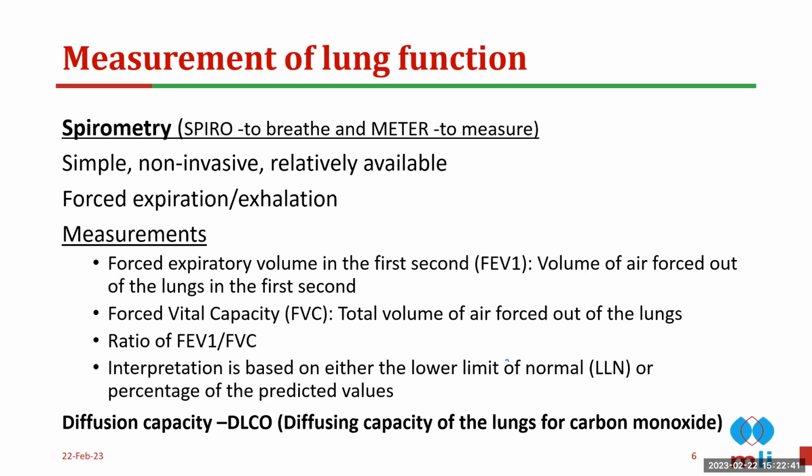Another important test, which is not readily available, but it's very important when we are looking at children with sickle cell disease, is what we call diffusion capacity. Basically, this is looking at how the membrane between the alveoli and the capillary, how the gaseous exchange occurs.